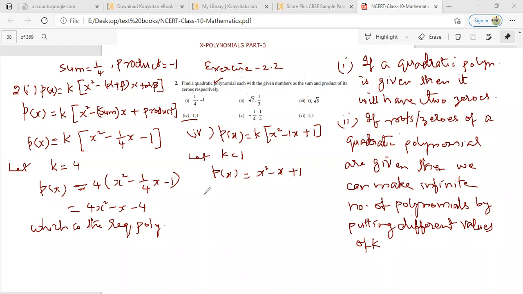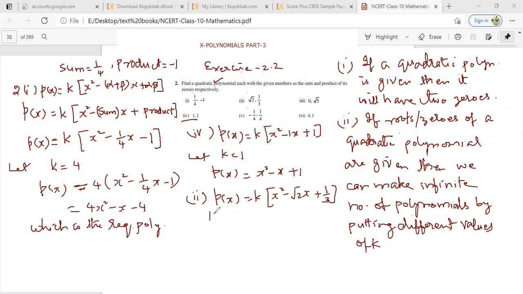That's enough. Similarly, the second question is Px is equal to k into x square minus root 2 x plus 1 by 3. Again, we got 1 by 3, so this 1 by 3 should be removed.